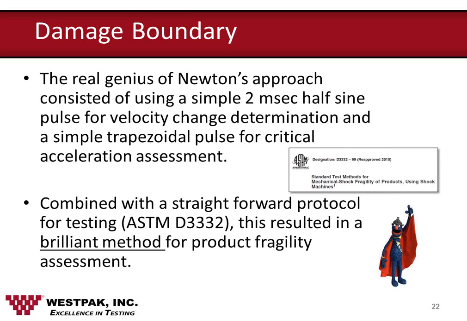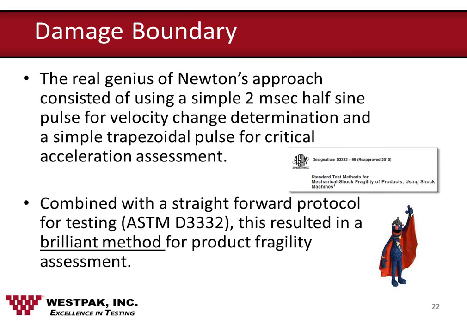The critical velocity change determined from this procedure, which was later published as ASTM D3332, told the product designer how high the unpackaged product can fall onto a rigid surface before damage was anticipated. Note that the velocity change is directly related to free fall drop height. We'll see that in a minute.